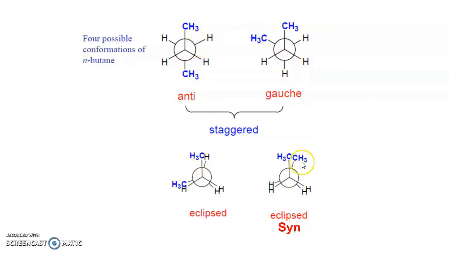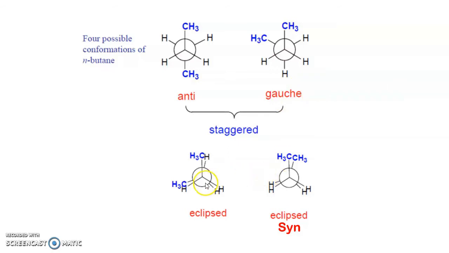Now when we look at the energy of these four conformations, we find that the anti conformation has the least energy and the syn conformation has the maximum energy. So you can say that the anti conformation is the most stable and the syn conformation is the least stable. The gauche and eclipsed come between anti and syn, and among eclipsed and gauche, the eclipsed conformation has more energy than the gauche conformation.